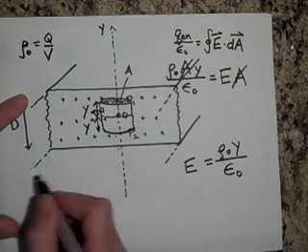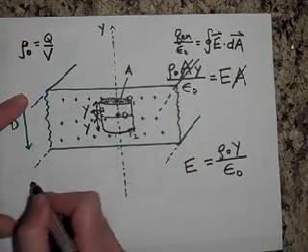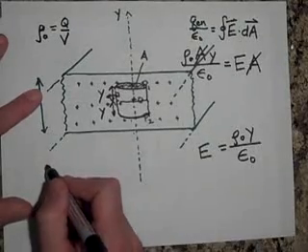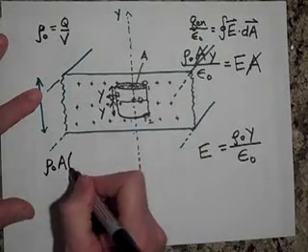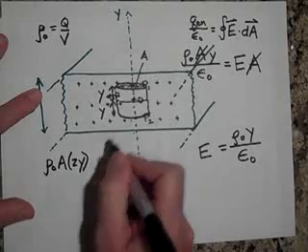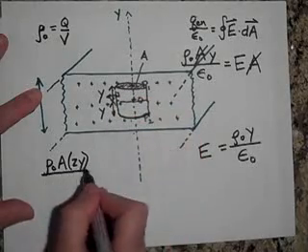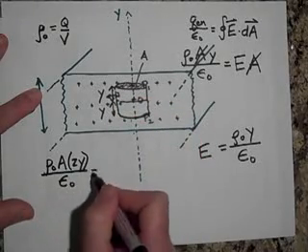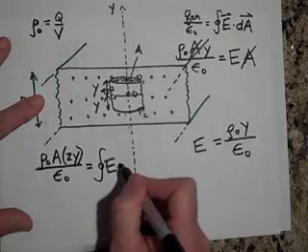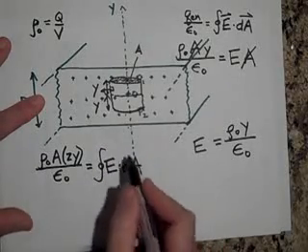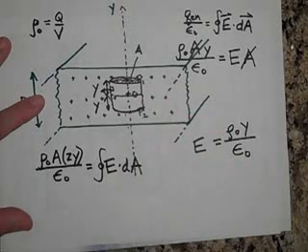The total charge enclosed in that big cylinder would be rho naught times the volume, A times 2y. That's the real height of that cylinder, all over epsilon naught. That's equal to the closed surface integral of E dot dA. But now we have flux out the top and the bottom.